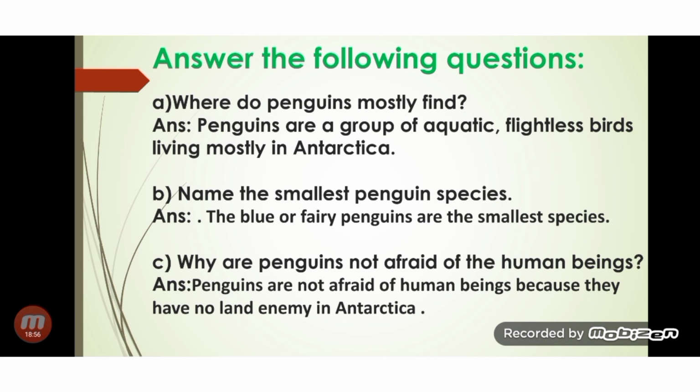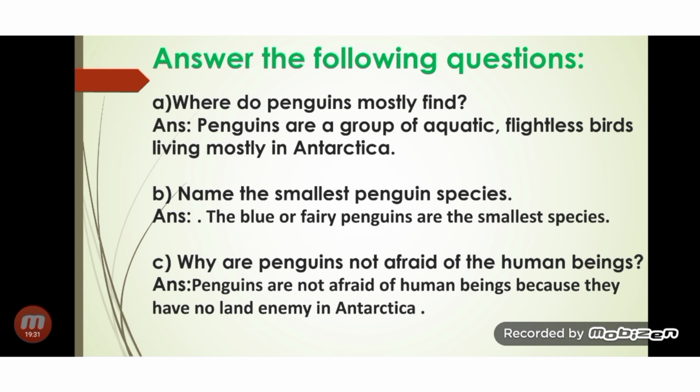At the very beginning of the passage, we have already seen that penguins are a group of aquatic flightless birds living mostly in Antarctica. And B. Name the smallest penguin species. Here you are told to write down the smallest penguin species. The answer will be the blue or fairy penguins are the smallest species.